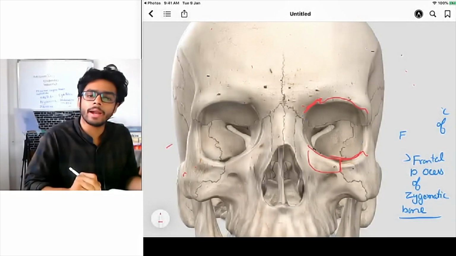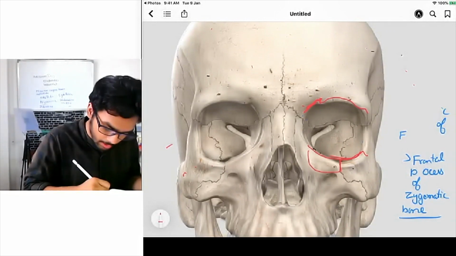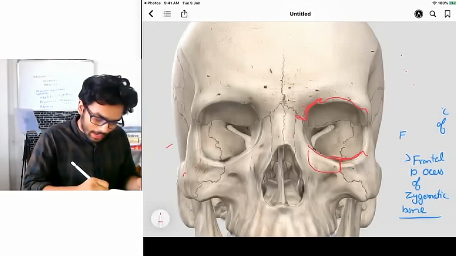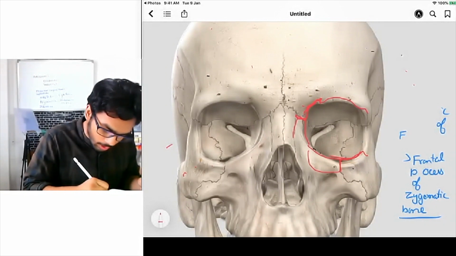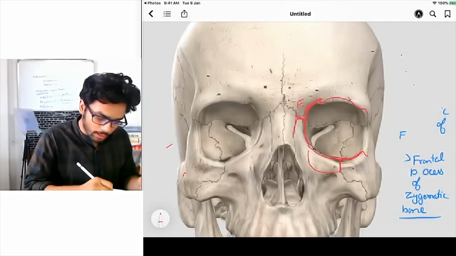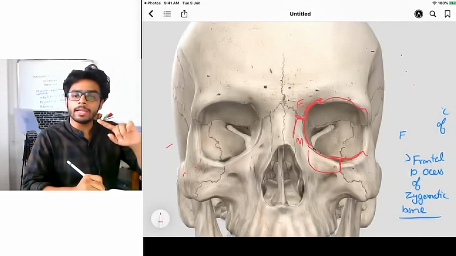The medial orbital margin is ill-defined. It is formed by the frontal bone, this small part of frontal bone, and the lacrimal crest of the frontal process of which bone? Maxilla.